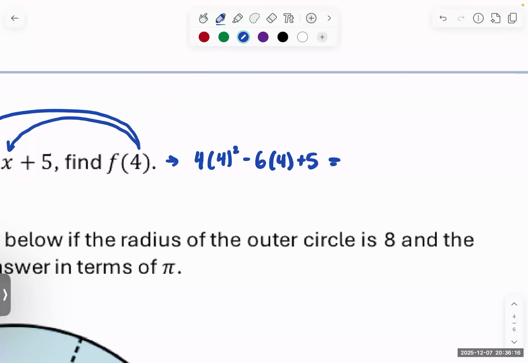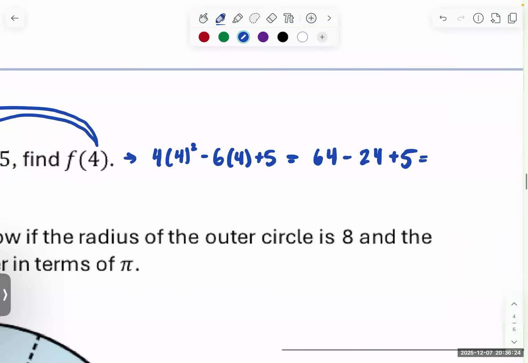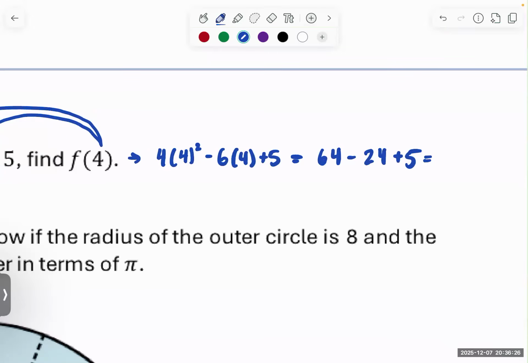This is 4 times 16, which is 64, minus 6 times 4 is 24, plus 5 equals 64 minus 24 is 40, plus 5, 45.